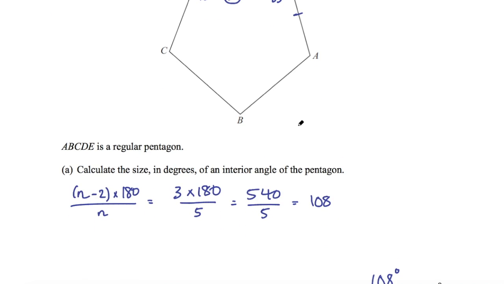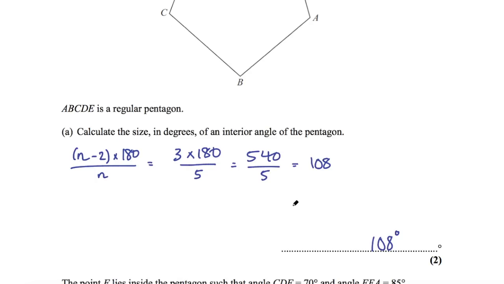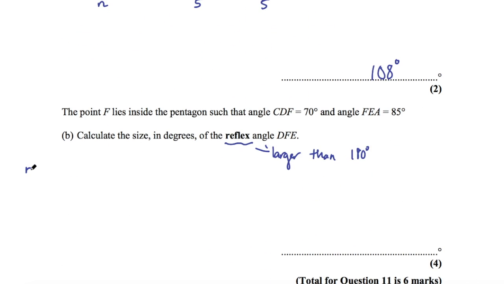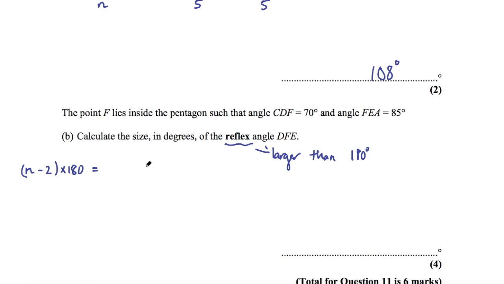So we can work out the total of the interior angles of a hexagon using this formula. So n minus 2 times 180. That will give us the total of the angles inside a hexagon. And then we can use that number to find the missing angle DFE. So we substitute 6 into this formula now, so we'll do 4 times 180. 4 times 180, that's 720 degrees.